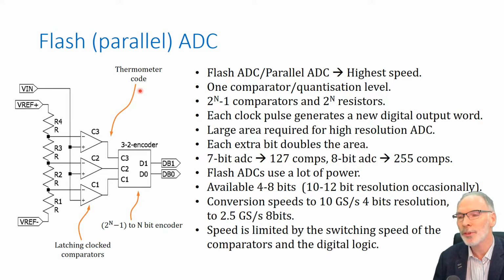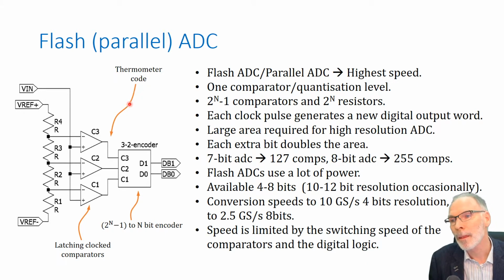Now the next thing that must happen is we need to see this thermometer code being converted into a usable binary code at the output, and for that, in this 2-bit case, we need a 3 to 2 line encoder logic circuit, and we'll talk more about this later on in the lecture.